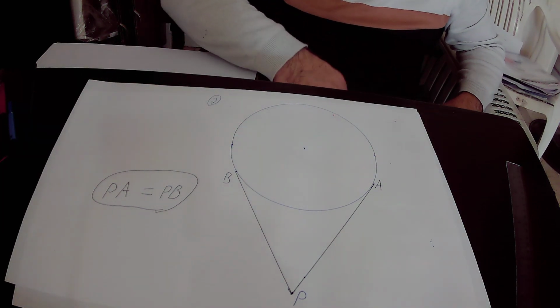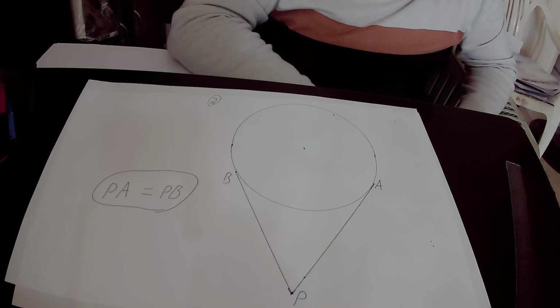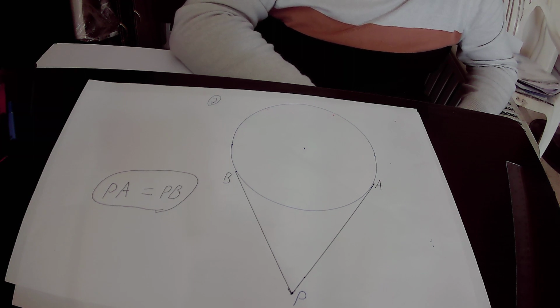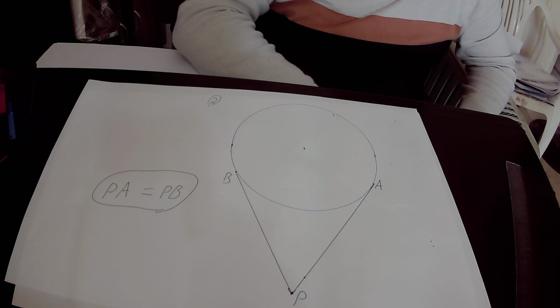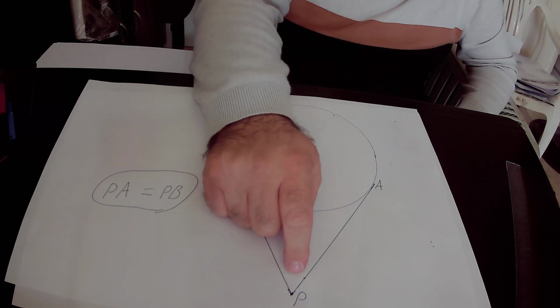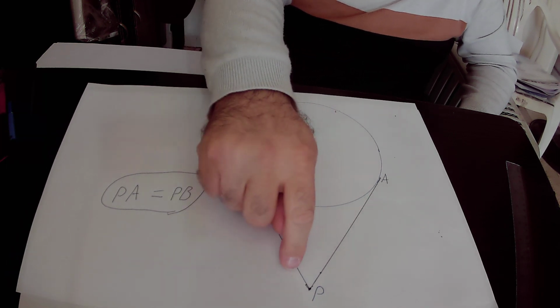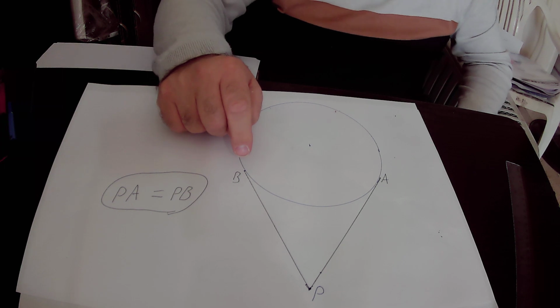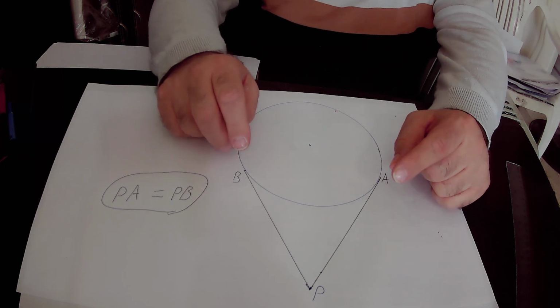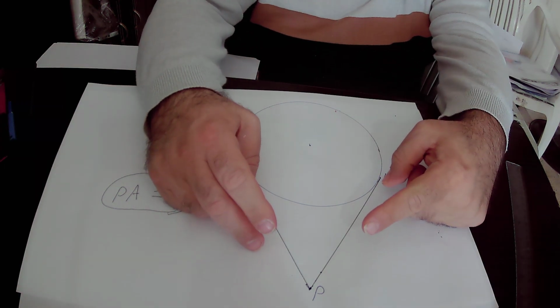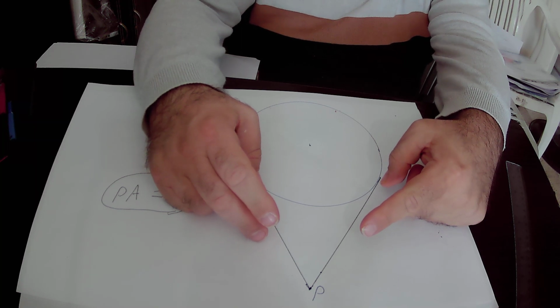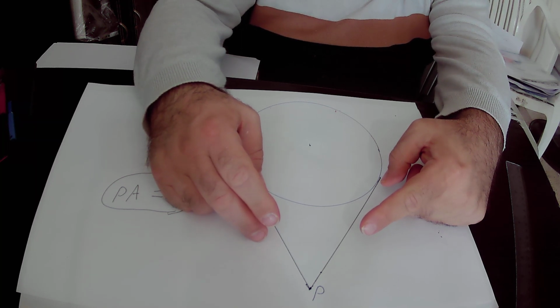So I'll repeat again. The lengths of two tangents from a common external point to a circle are equal. If we have this external point P, and from it we draw two tangents to this circle, then the lengths of those two tangents will be equal to each other.